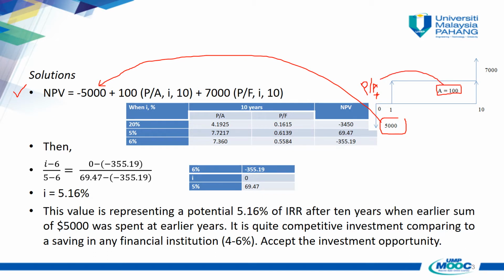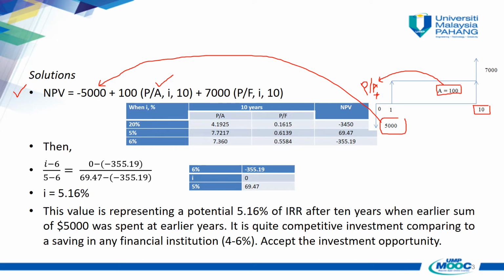We transfer it here, so this will become 100 multiplied by finding P when you know the A at interest rate i for 10 years, because we get paid up until 10 years, plus the 7,000.